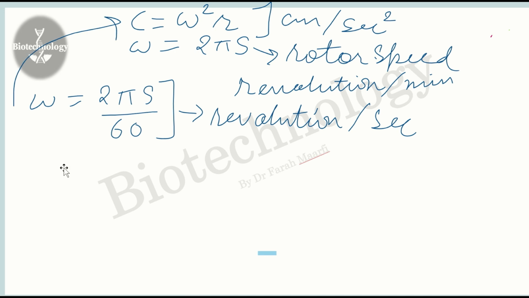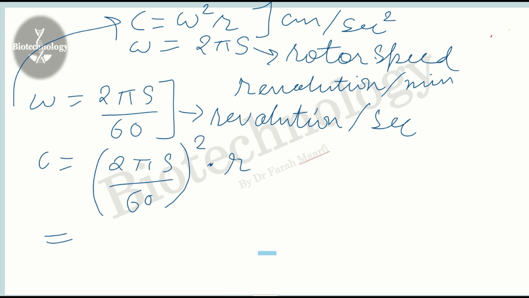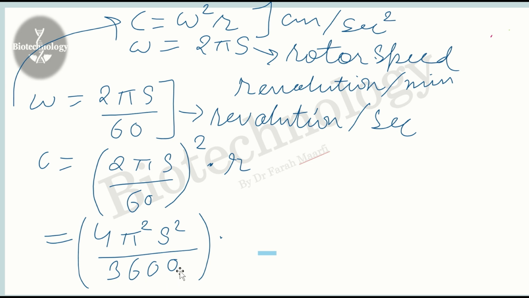And when you put the value of omega into this equation, then C will become (2 pi S divided by 60) whole square into r. And when you simplify it, the value will be 4 pi square S square divided by 3600 into r. So this was the equation for the centrifugal acceleration.